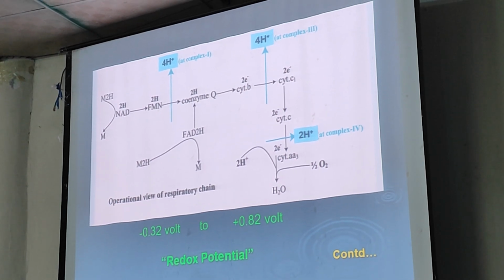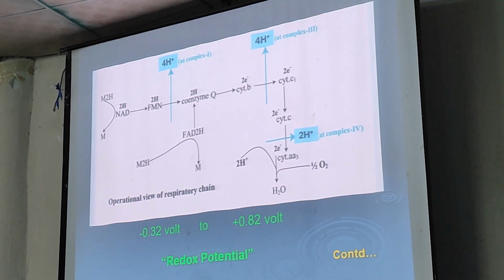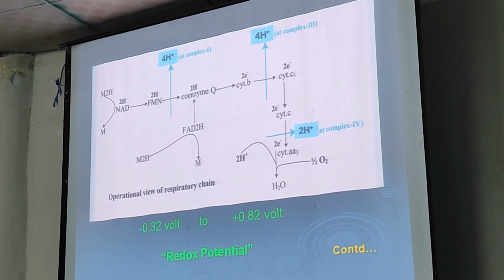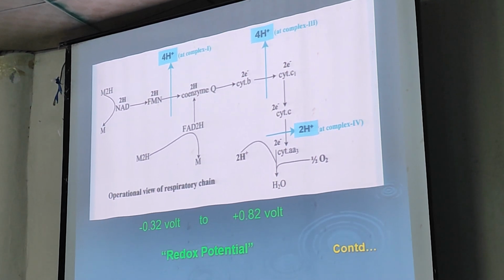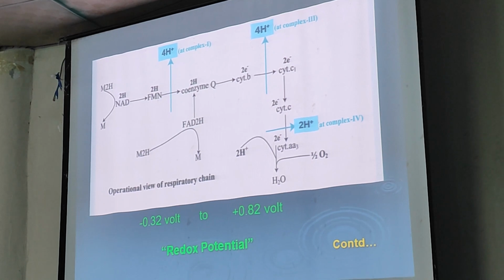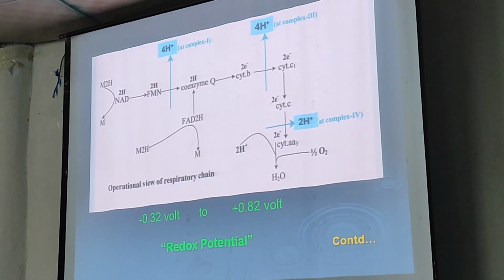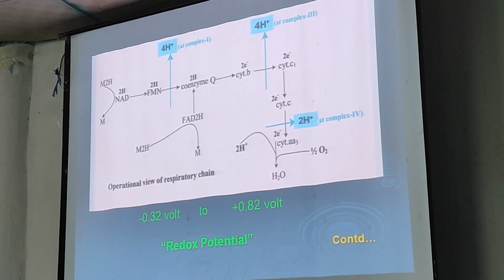So when these two electrons are within the disposal of cytochrome AA3, the two protons again come to the point nearby the cytochrome AA3. Now this cytochrome AA3 will allow condensation of these two electrons again with two protons to make water in the presence of oxygen. So finally there is production of water in the presence of oxygen, right?